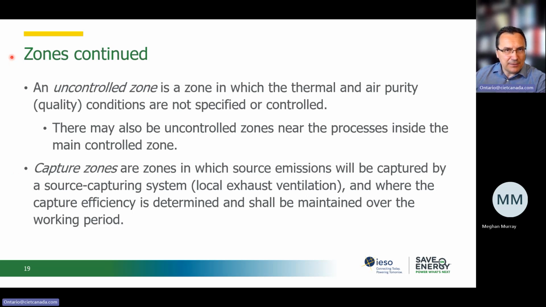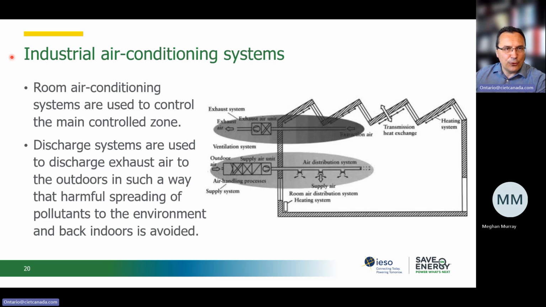So keeping the zoning in mind, we can now address the four types of systems we see in industrial facilities. We see the industrial air conditioning systems where, as is shown in this example here, we are eliminating exhaust air from the space with contaminants that are capturing this air, and then we provide fresh air to the space to dilute those contaminants.